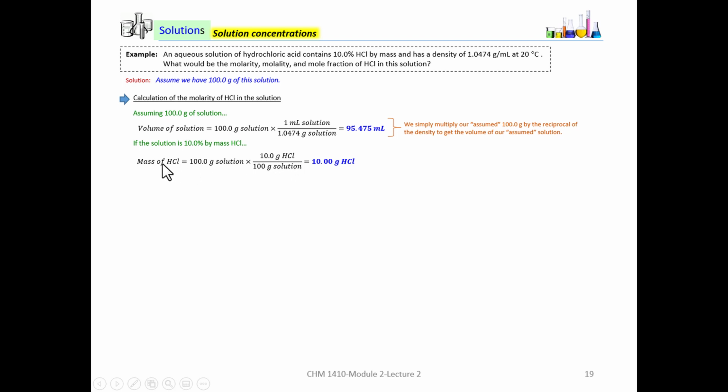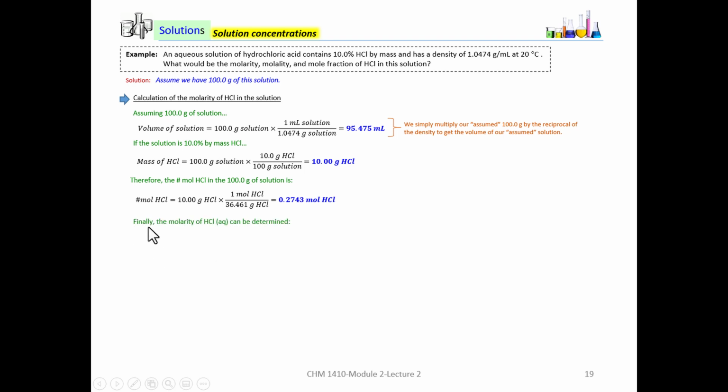In other words, the mass of the HCl is just 10% of the mass of the solution. And since we assume the solution had a mass of 100 grams, we have 10 grams of HCl. Therefore, the number of moles of HCl in the 100 grams of solution, converting 10 grams of HCl to moles, would be 0.2743 moles.